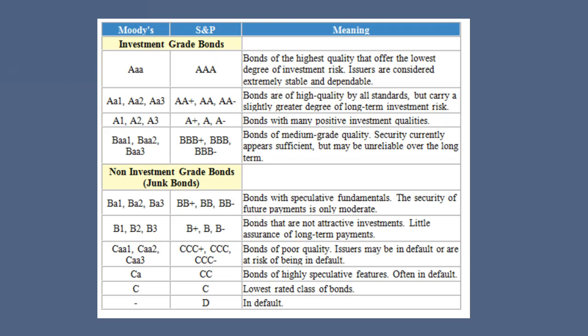Now, you also will hear this too, junk bonds. It's a junk bond. That is a bond that has a rating that's below what we call investment grade. So investment grade is going to be basically a lot of those B letters in there. Not always. You can see the B's down here. You got to be careful which B you're getting. But those investment grade are going to be the ones that are pretty stable, probably not too much risk associated with that company.